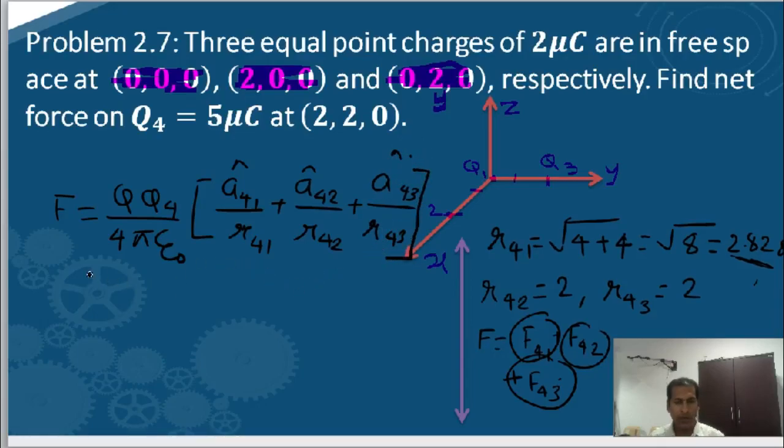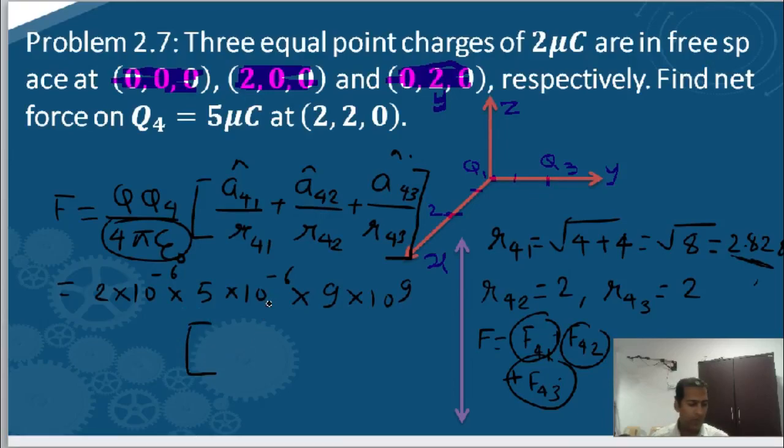So we will keep the values. We already know the values of Q and Q4. So it is 2 into 10 to the power minus 6, and Q4 is 5 into 10 to the power minus 6. If we calculate 1 upon 4 pi epsilon naught, we get 9 into 10 to the power 9. Now these values we have inside.